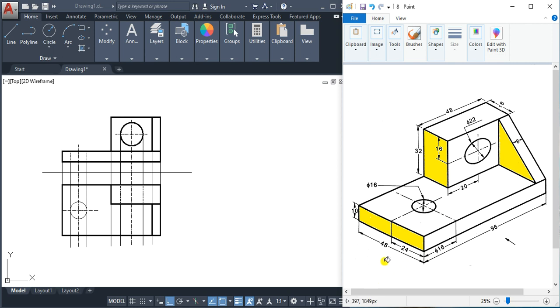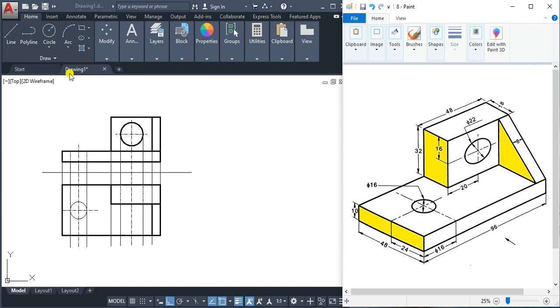And in this direction we'll get a hole of diameter 16 and also a hole of diameter 22 corresponding to this rectangle. So we'll indicate those with dotted lines. This is the left side of the diagram, so this image will be on the right side of this front view. This is according to the first angle projection, and we'll follow first angle projection unless otherwise specified.